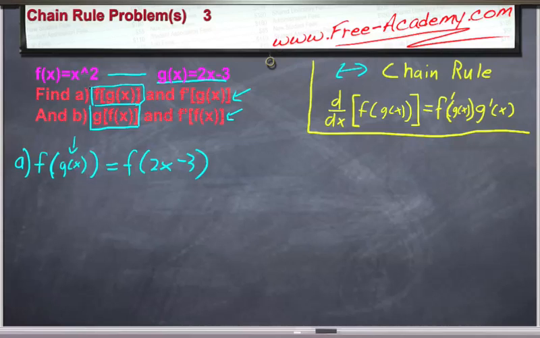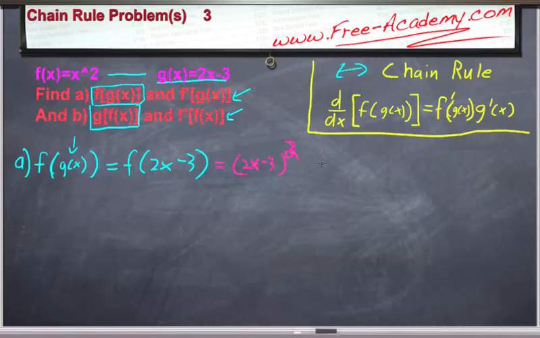Now f of x equals x squared, and keep in mind, like I've said several times before, that x is really just a placeholder: f of x equals something squared. If you put in 4 for x, it equals 4 squared. If you put in 2y, it equals 2y, all of that squared. And if you put in 2x minus 3 for x, f of 2x minus 3 equals 2x minus 3 squared. That is how you combine those two functions.